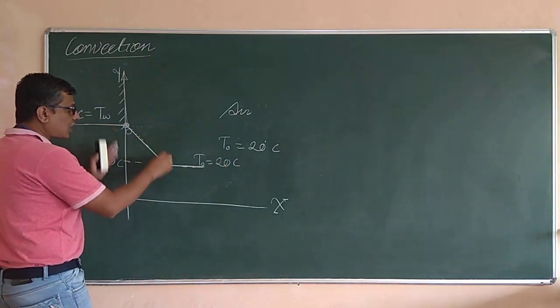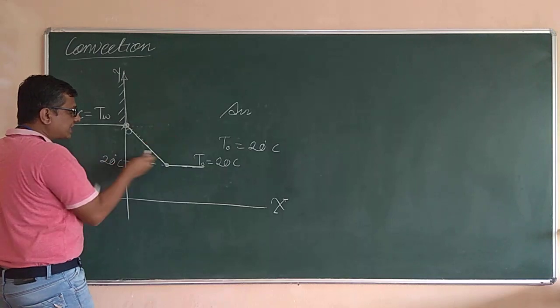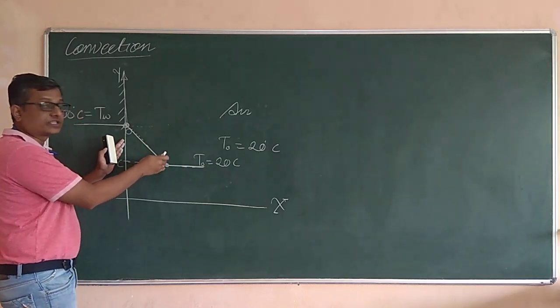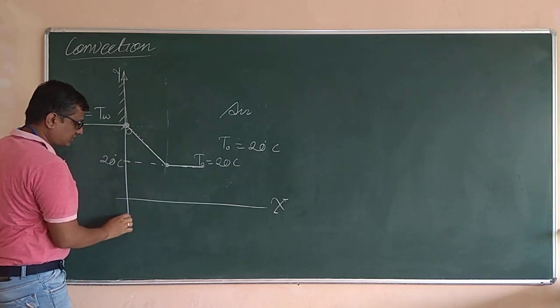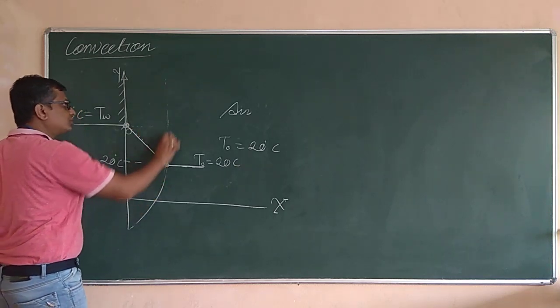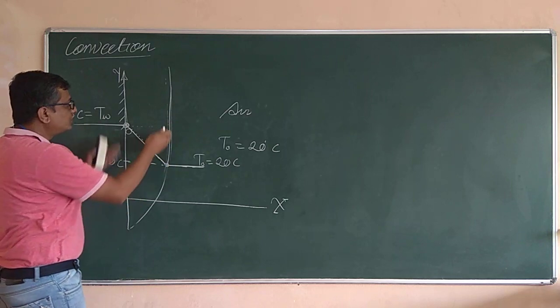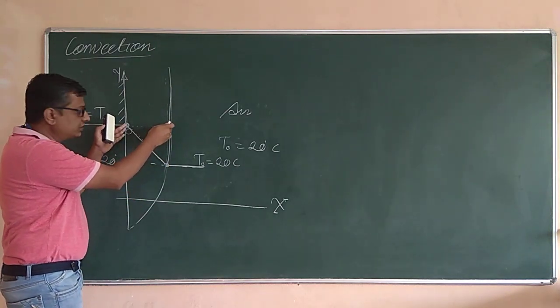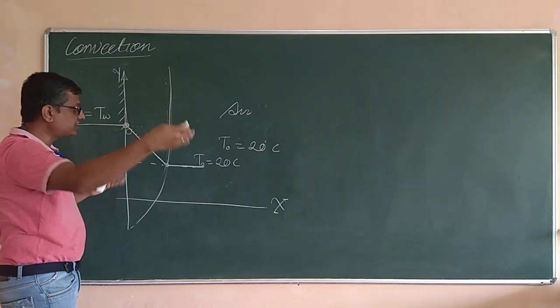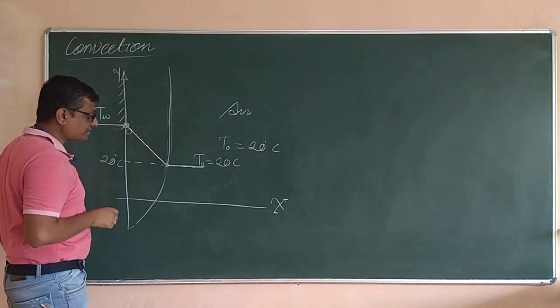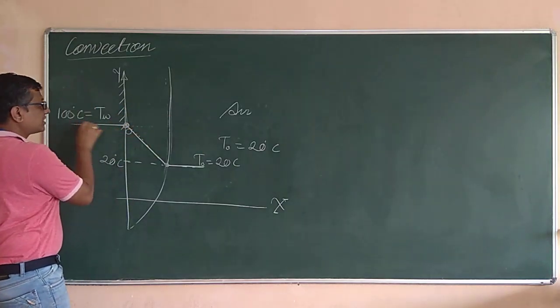Now if I check up to what distance that temperature distribution, or temperature gradient, is there, I will get such a thickness. For this solid surface, this will be the thickness. Within this much layer of the fluid, there is a temperature distribution, a temperature variation or temperature gradient in that direction. Here the temperature is 100 degrees Celsius.